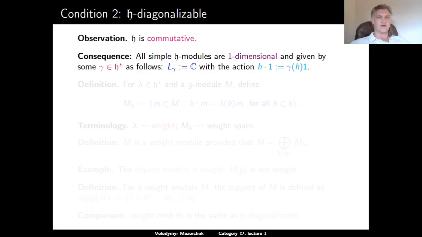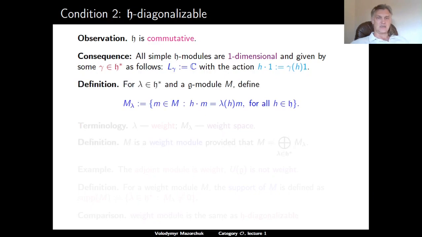If we fix such a linear functional gamma, then the corresponding module L_gamma is a one-dimensional complex vector space C with a standard basis given by the element 1, and the action of h is as follows. If we have an element h in h, then h applied to 1 gives a scalar multiple of 1, with the scalar given by gamma evaluated at h. So L_gamma, where gamma is an element in h star, exhausts all simple h-modules.